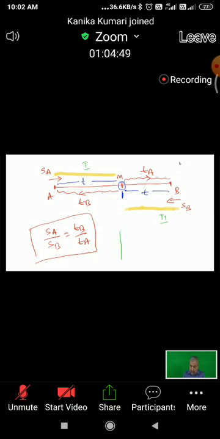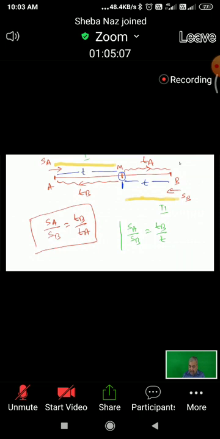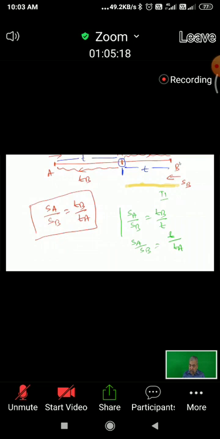Use the ratio, that is speed of A by speed of B equal to TB by TA. For the first part, I am using this. For the second part, again, the distance traveled by the train from A and the train from B is same. So for the second part, you have SA by SB equal to TA by T. Now what you do, you multiply these two.